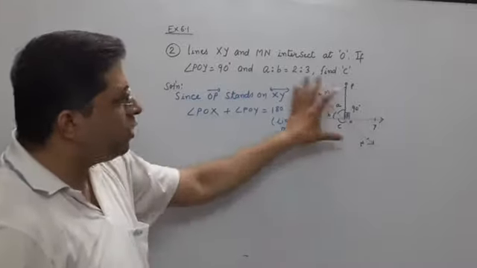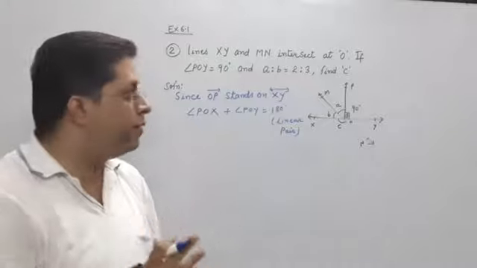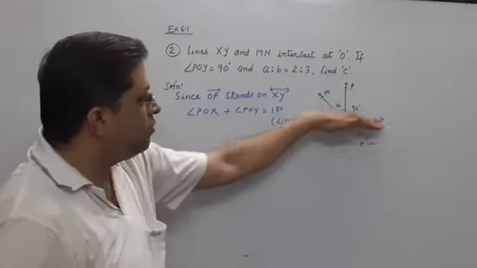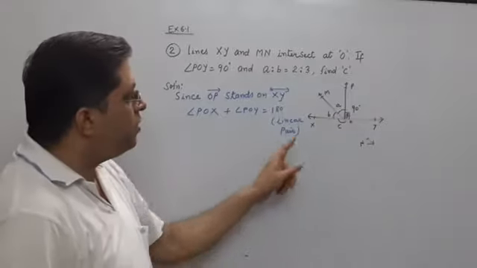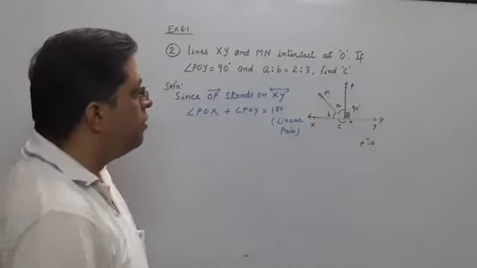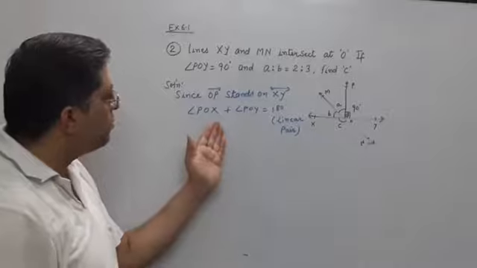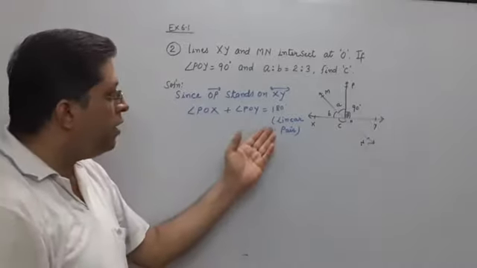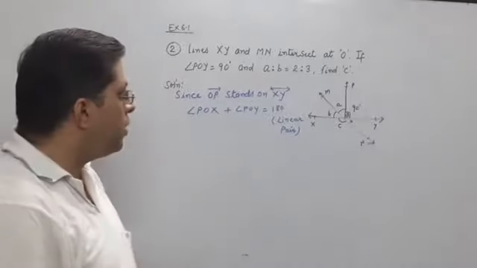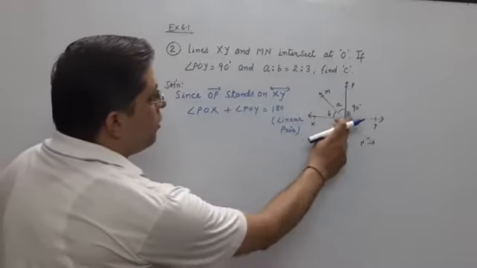Okay, now by figure, what can we get? See, this is one line and this OP is standing on it. Okay, it means this is your linear pair. Angle POX plus angle POY will become 180 degrees by linear pair property. Here POY is given to you as 90.